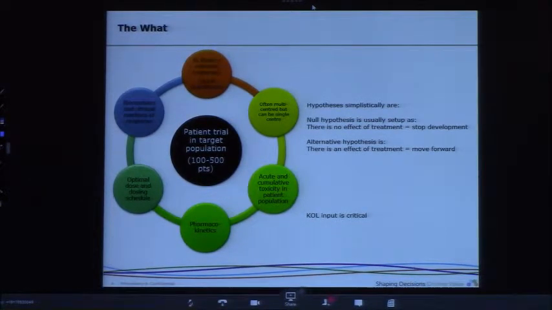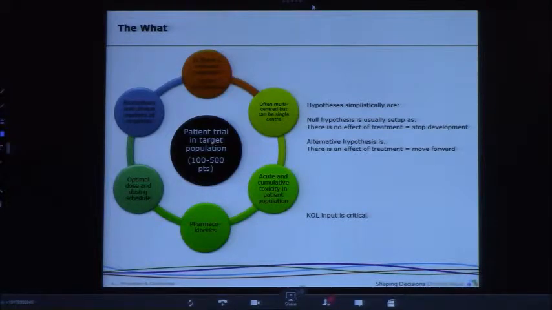There are some other riders. So in oncology, often your phase 1 studies are in patients straight away. If you have what's known as a high-risk molecule, your phase 1 may be in patients straight away. The point here, though, is that usually these are your first in-patient trials in a particular target population, or sometimes target populations.